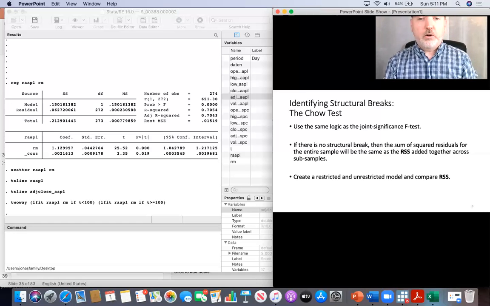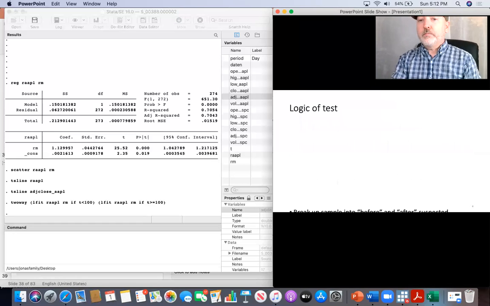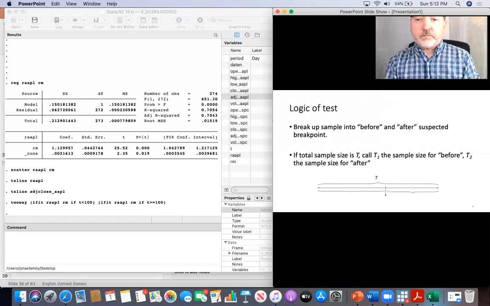So the comparison here is going to be between, again, the restricted and the unrestricted model. That's where we have to really think about what we're doing in terms of mapping this idea of the structural break test to our more familiar F statistic formulation. But here's the way we want to think about it, right? We've essentially constructed 3 separate samples, right?